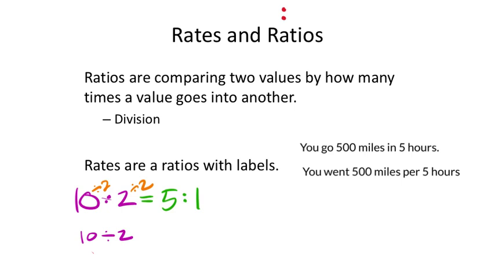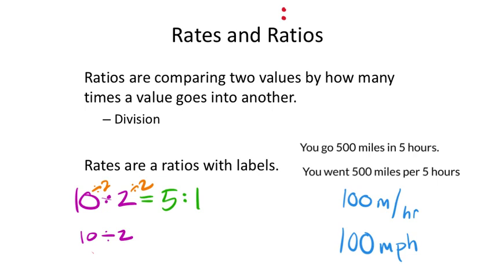And if you wanted to reduce these, you could say, I'm going to divide them both by 5, and then you would show that you have now gone 100 miles per hour. Or you could say MPH, miles per hour.